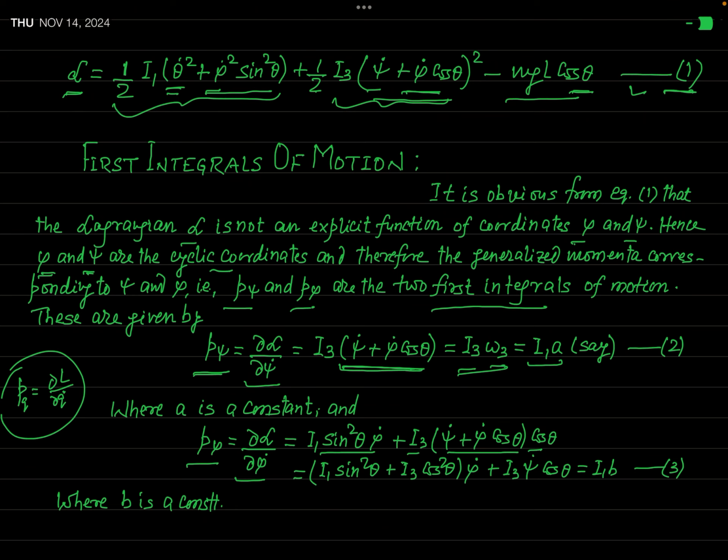Now, as phi dot is present in the first term and this third term, let us take phi dot as a common factor, and this is I1 sine square theta plus I3 cos square theta, and the remaining term is I3 psi dot cos theta. And we assume that this is equal to I1 b. Here b is another constant.